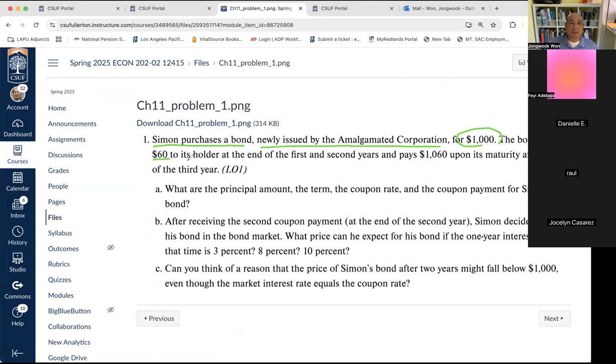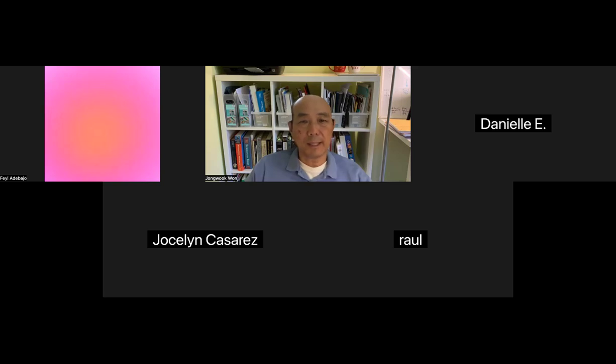The bond pays 60 to its bondholder at the end of first and second year, and pays 1,060 upon its maturity at the end of third year. So when you solve this bond problem, you have to understand the cash flow. Let me share the blank.